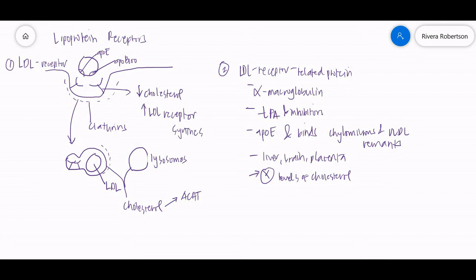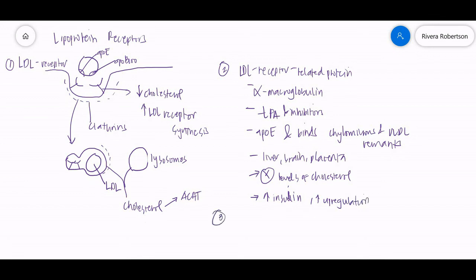Kumbaga na-upregulate siya. Ito naman, yung LDL receptor-related protein, affected naman yan by increase in insulin levels. So, kapag mataas yung insulin, mataas din itong levels ng LDL receptor-related protein. Increase in upregulation.